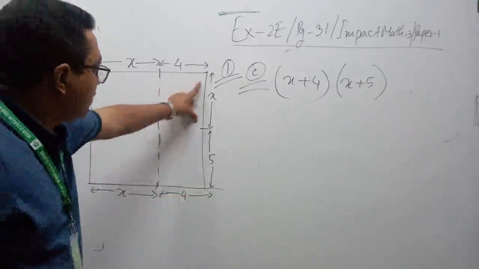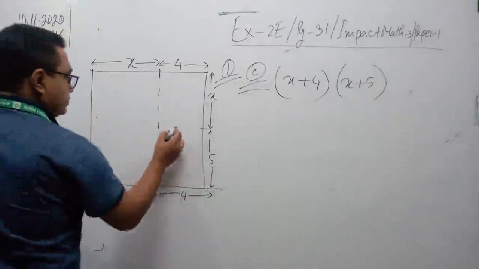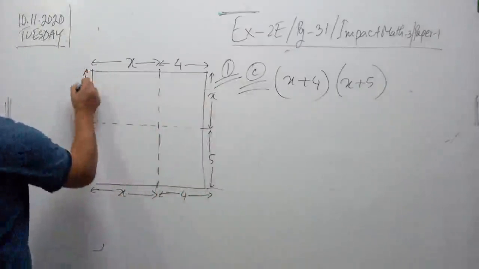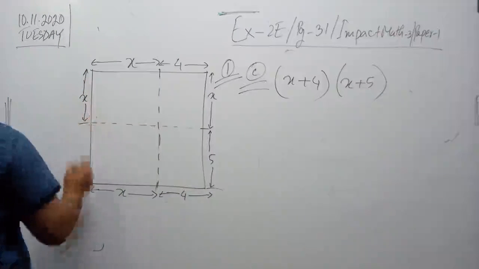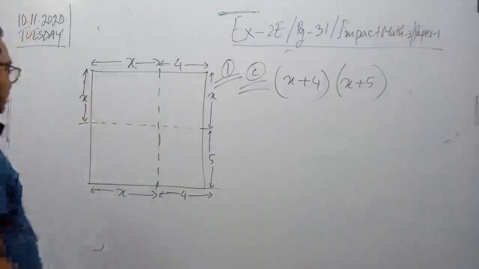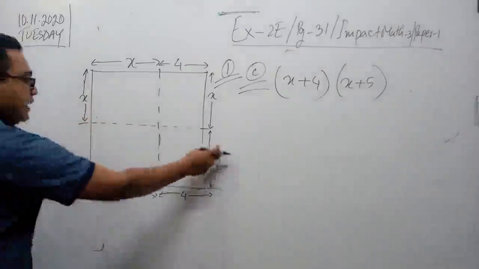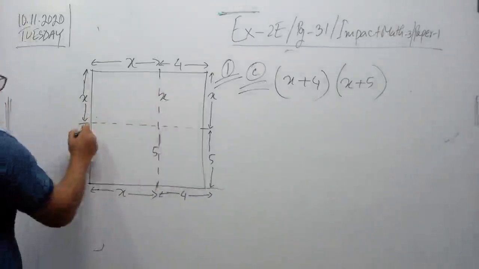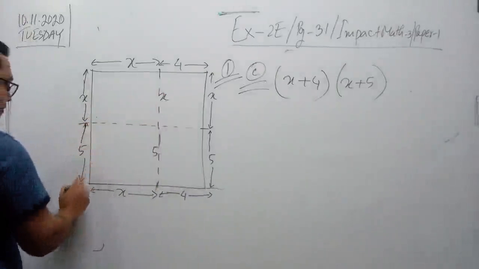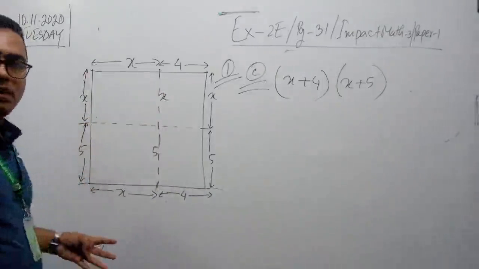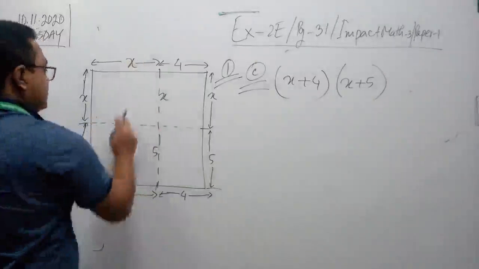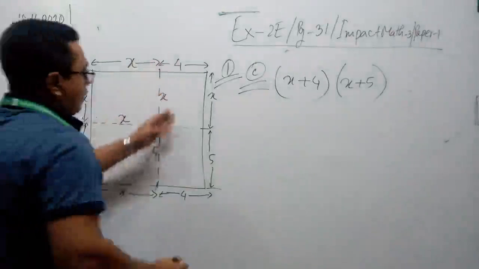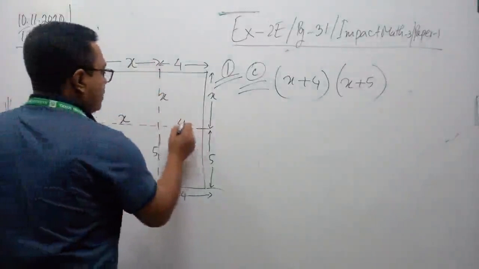If right side, this part is x, here will also be x. The bottom part, here 5, then that one is 5, this one also x, and here 5. And the middle term also here x, 4, 4, this one also 4.